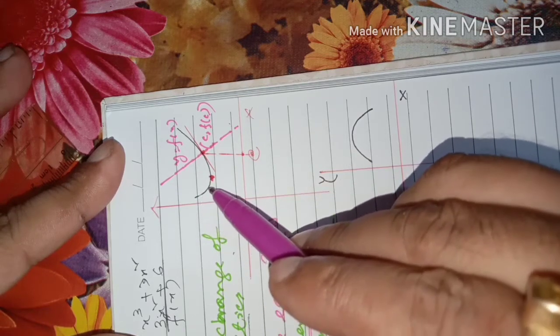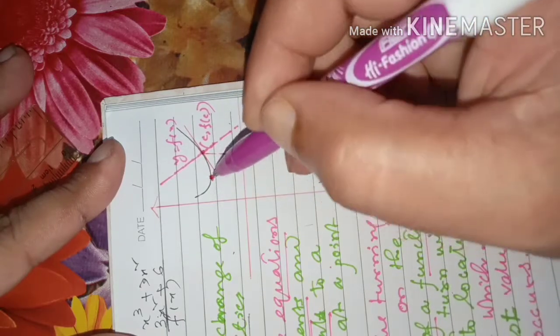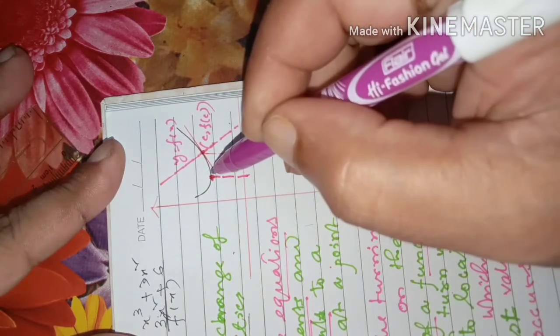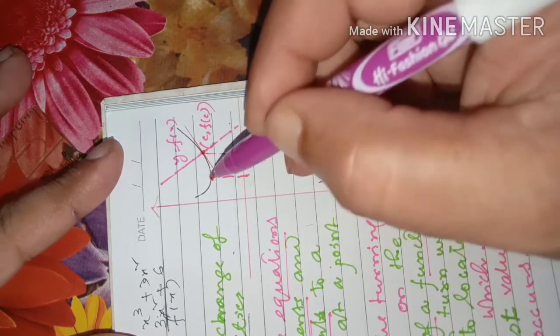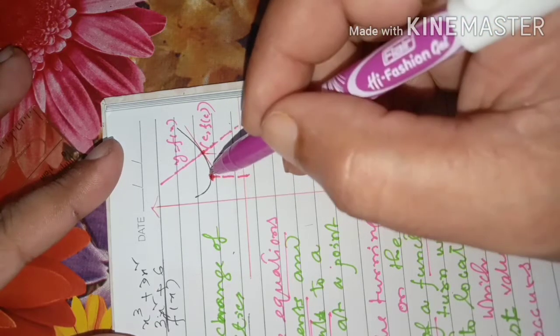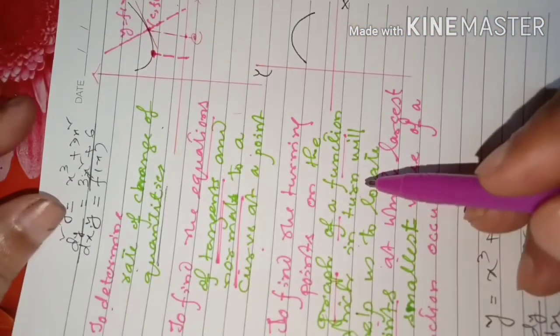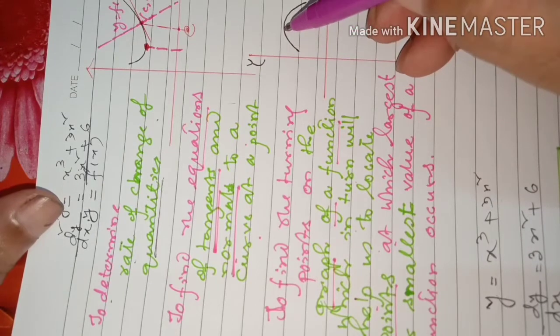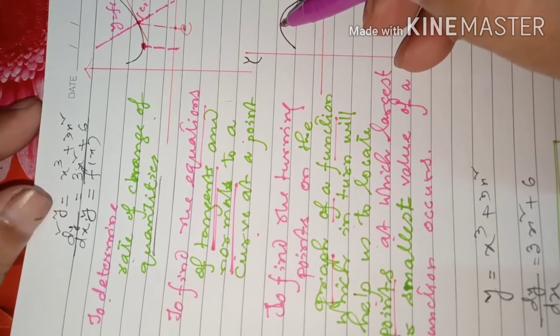The function's value was decreasing slowly, and at an instant, after that point it starts increasing again. So this point can be called a turning point. To find this turning point at which the function's value is the lowest, we can use the derivative. Also we can use the derivative to find the point at which the function's value is the highest, meaning largest.